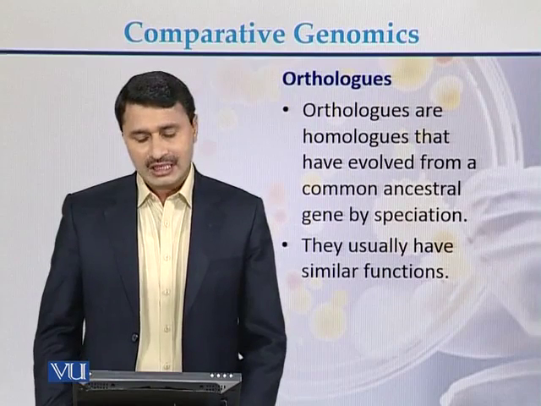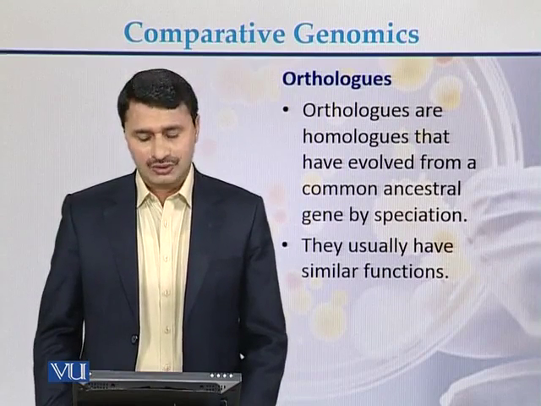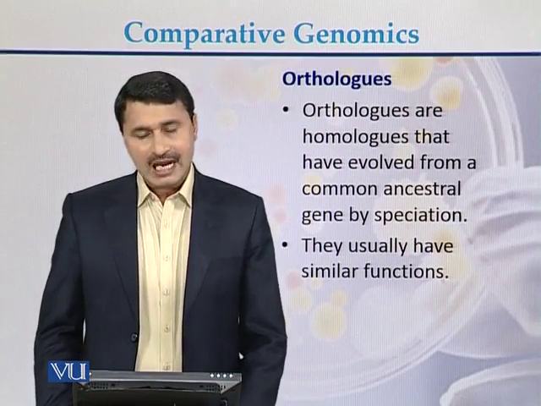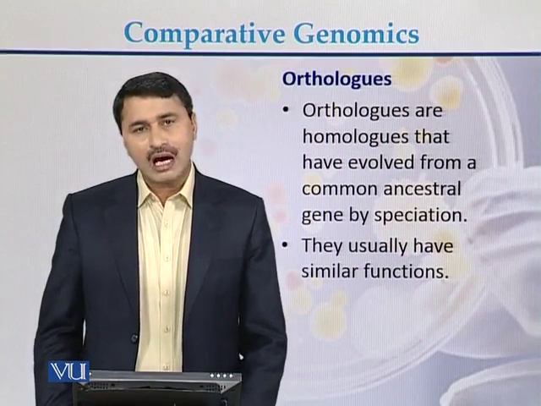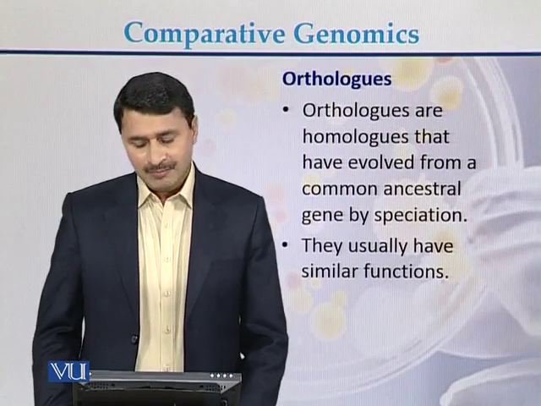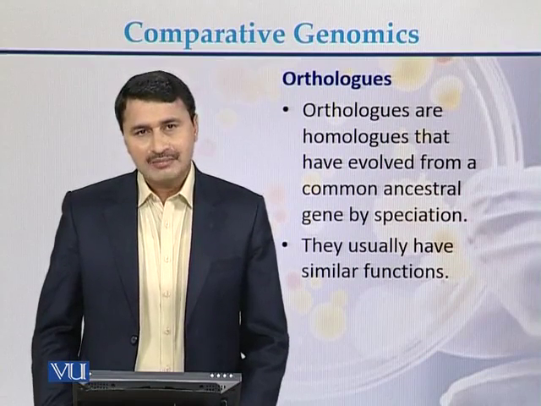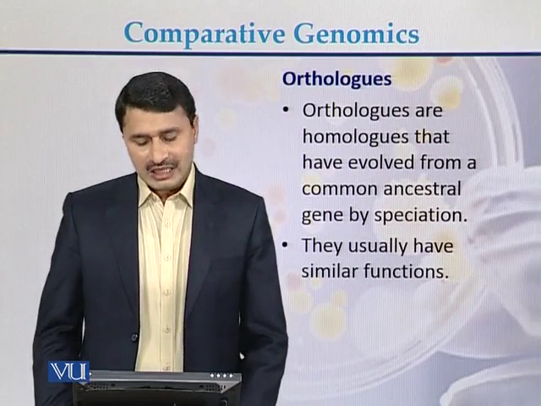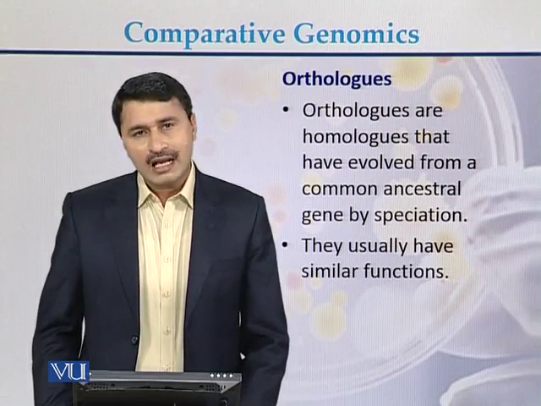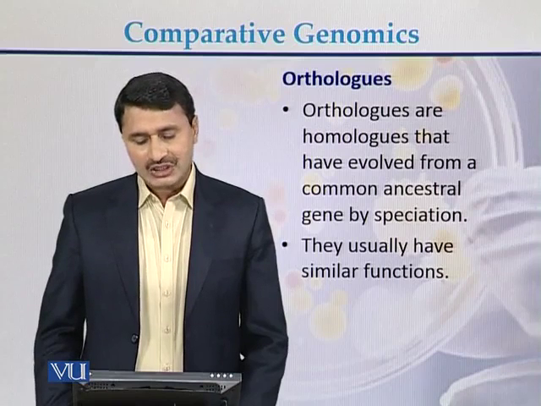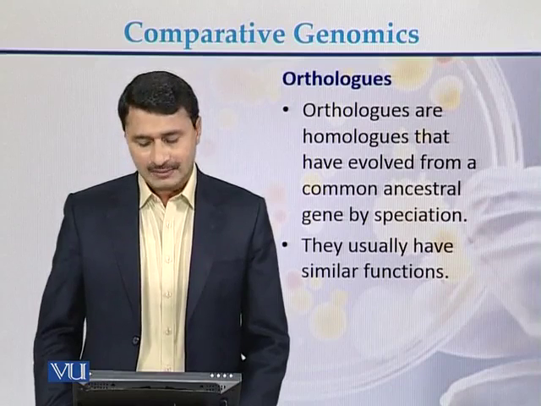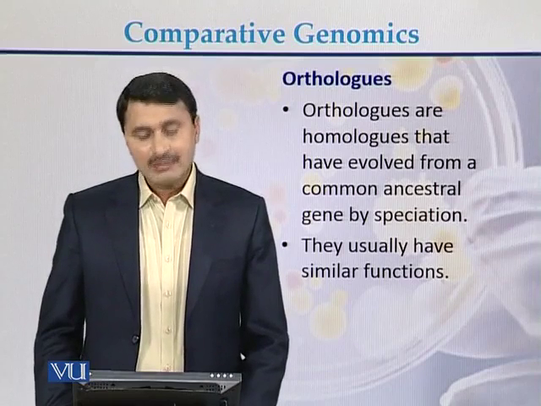First, orthologues. Orthologues are homologues that have evolved from a common ancestor by speciation. If two different characters evolved from a common ancestor by speciation, they are orthologues of each other. They usually have similar functions.